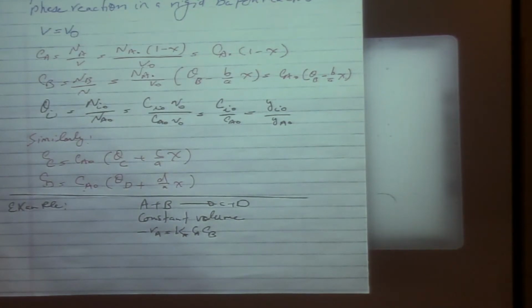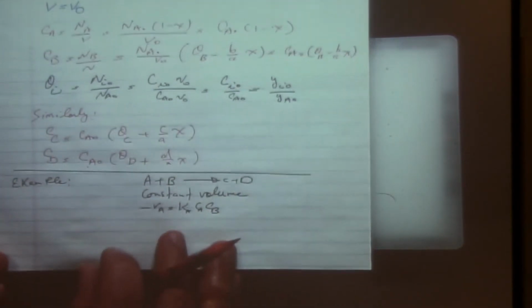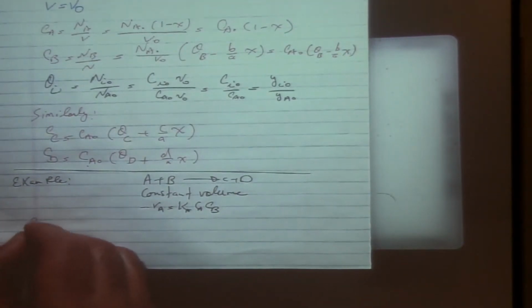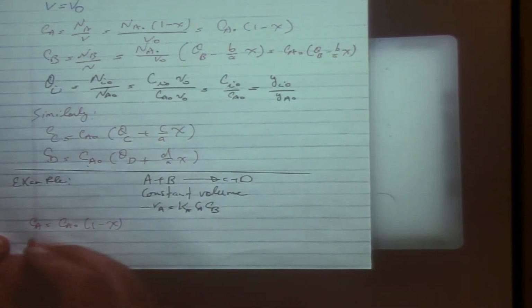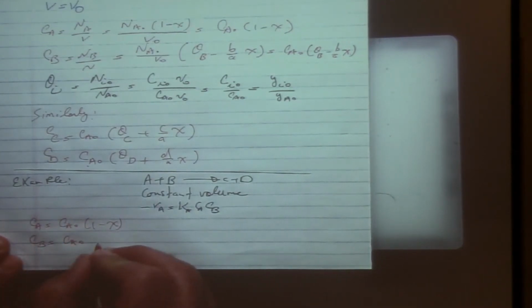Elementary is when the order follows the stoichiometry. So CA, again, based on what we said, is very easy: CA0 (1 minus X), and your CB would be CA0 (theta B minus b/a X).